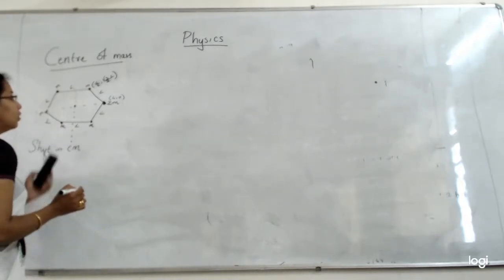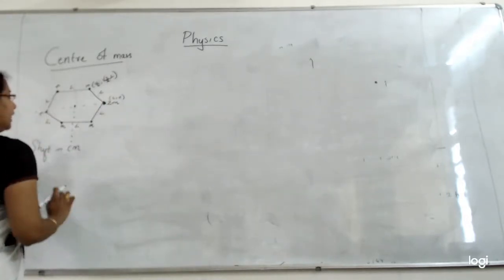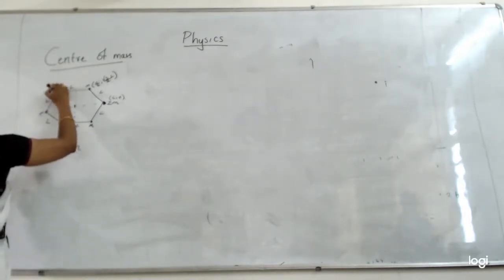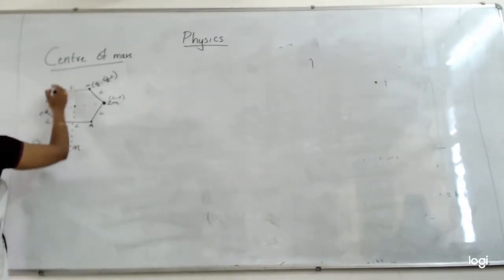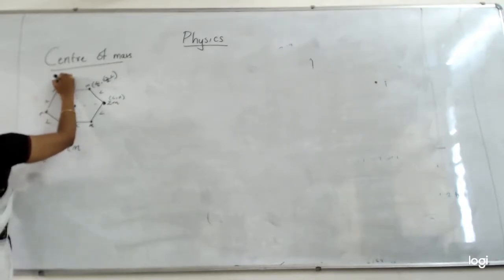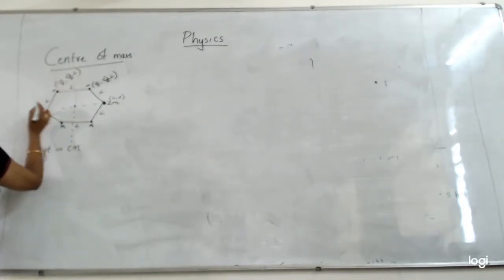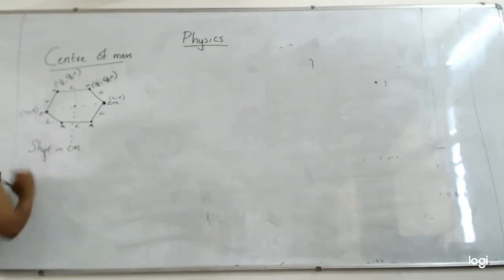Cos 60 and sin 60. Here also, this will come in the negative x-axis and positive y, so minus L by 2 and root 3 by 2 of L. This is in the negative x-axis only, so minus L comma 0.